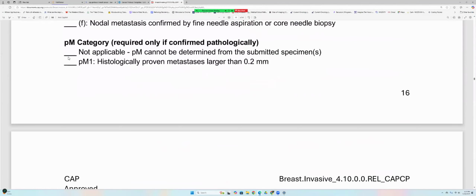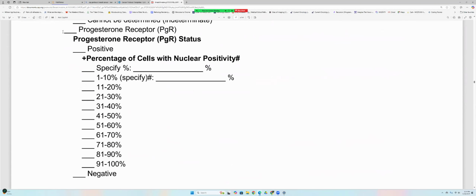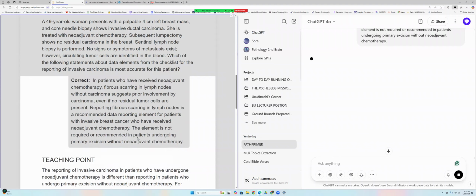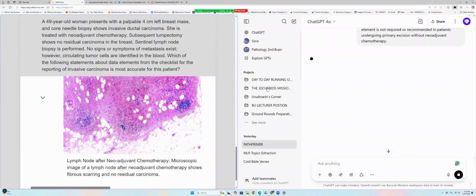This is pathology, instead of pM0, it should be cM0(i+). Okay, very good.